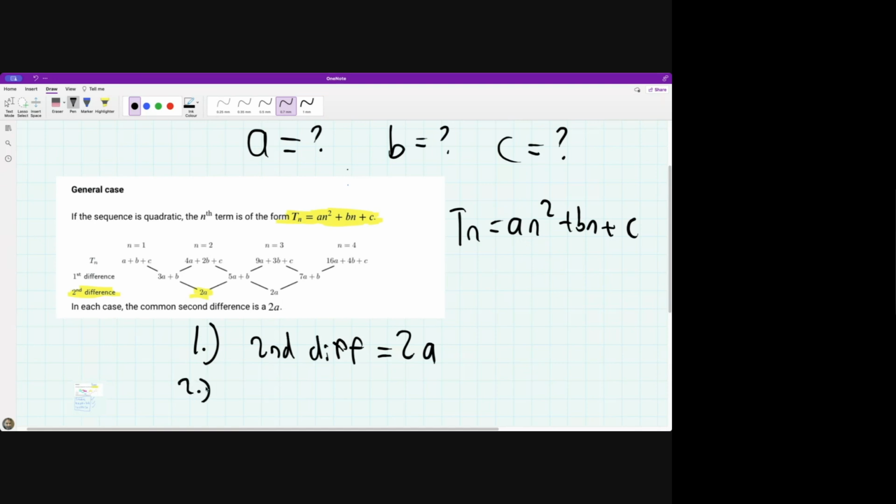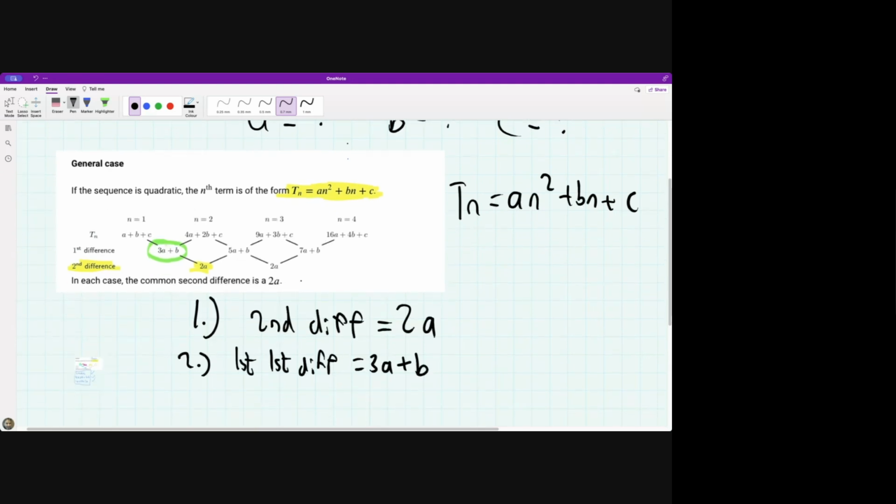Now the second step is to say, what is the first difference? If you look at this bit of algebra, here is the first difference. The first difference is equal to 3a plus b.